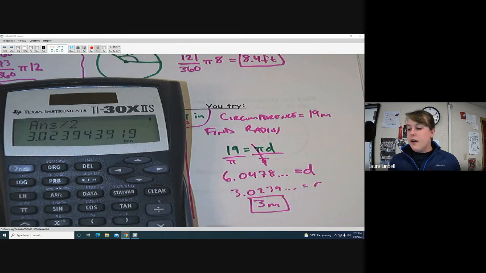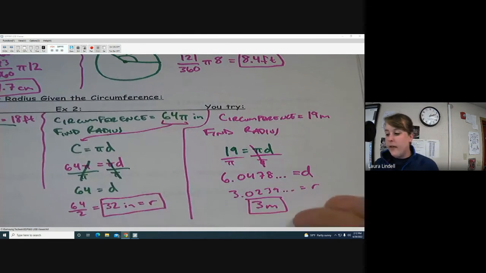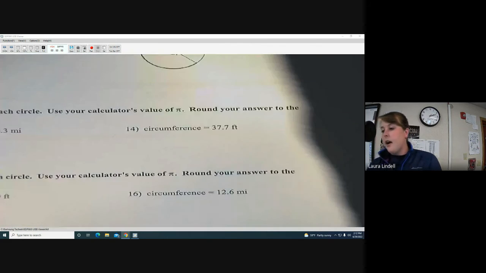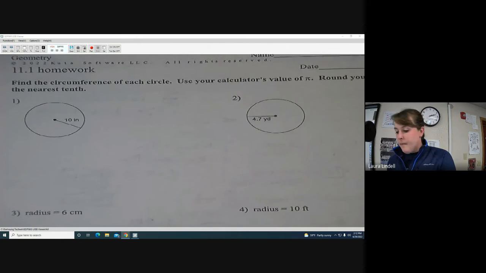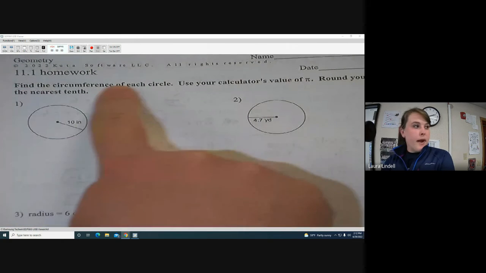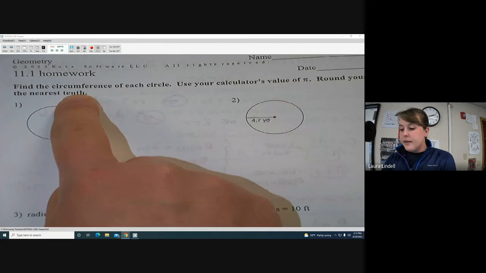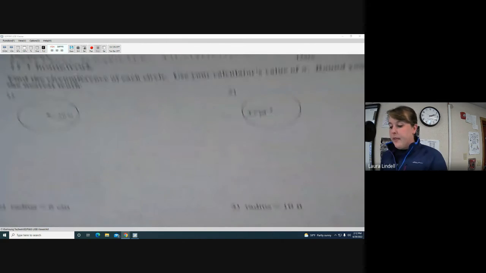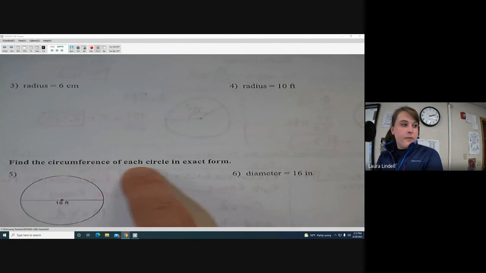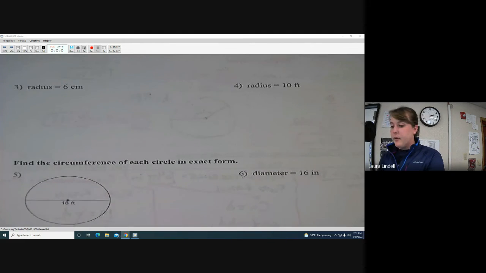All right. So if you're in my class and you're watching this, your homework is going to be on the next couple of pages here. I gave you lots of room to show your work and things like that. So make sure you read the bold directions above each section, where it says like round to the nearest tenth and find the circumference. And then under here where it says find the circumference, but use exact form, make sure you leave pi in your answer on those ones.